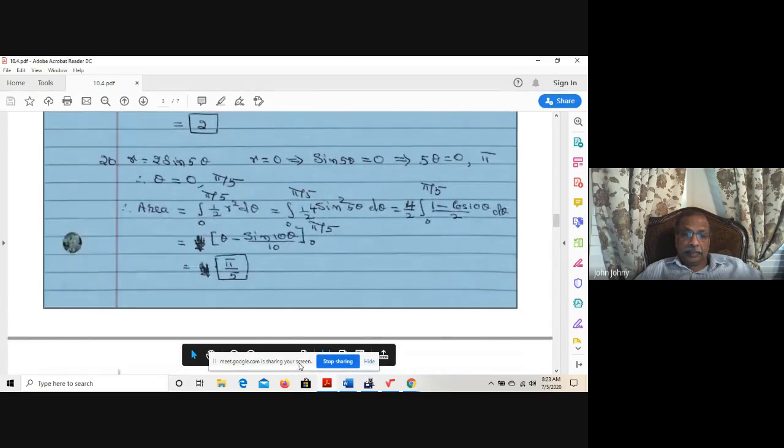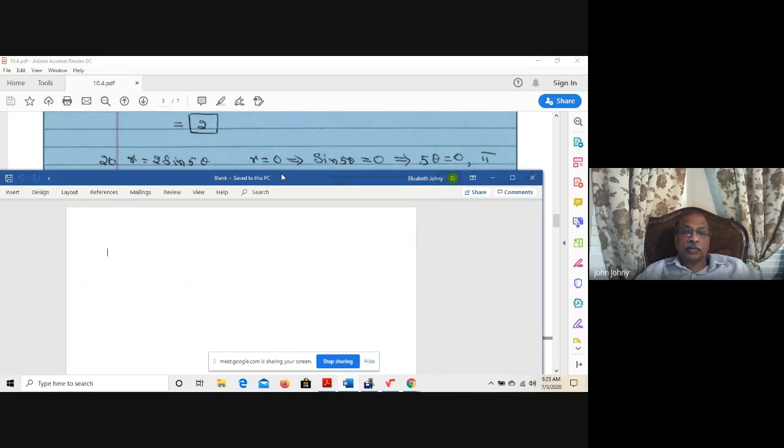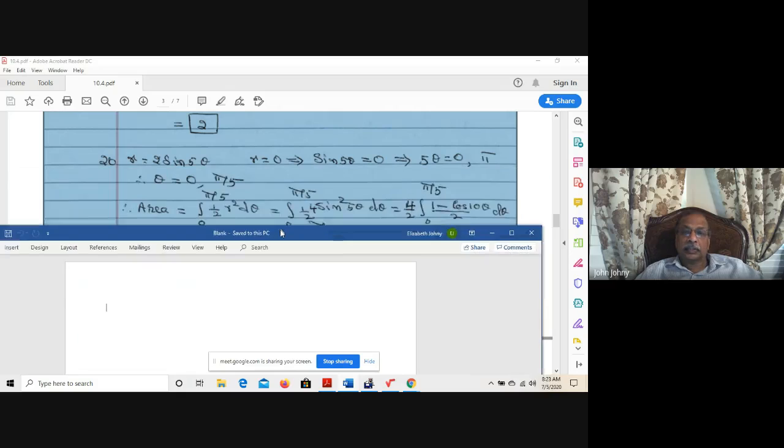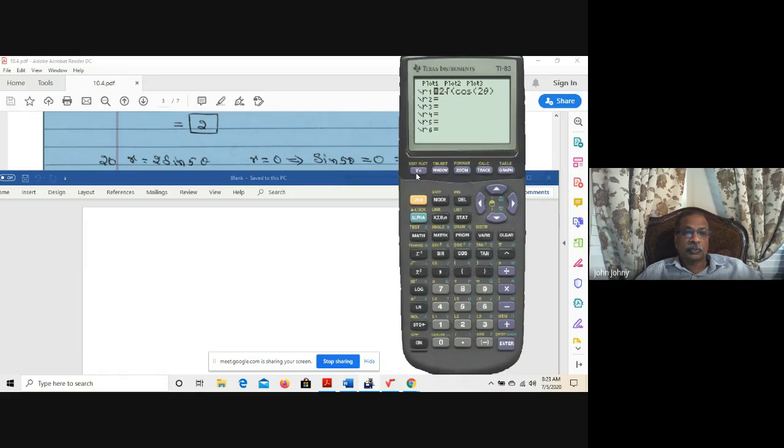Number 20. r is equal to 2 sine 5 theta, and you have to figure out the limits for theta. See, let us draw it. r is equal to 2 sine 5 theta.